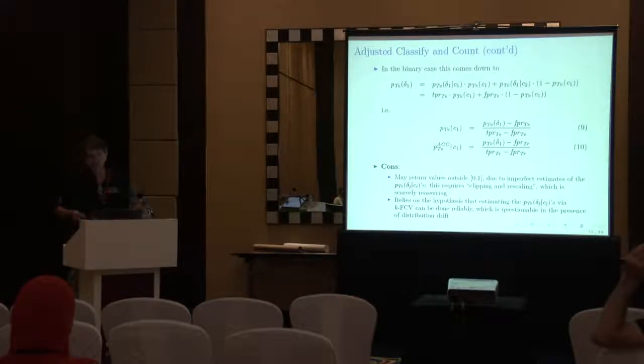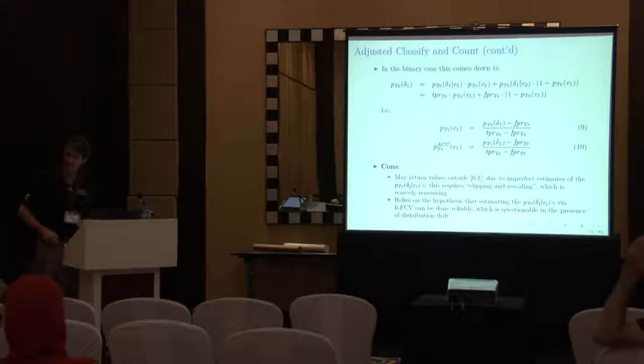And if it is not verified, why should the misclassification probability be the same in the training set and the test set? So we really think that something better could be come up with.